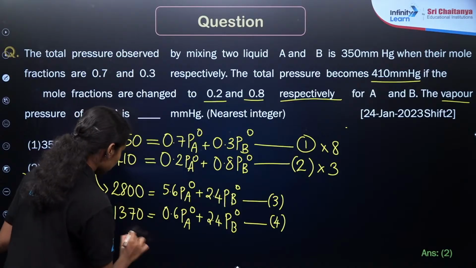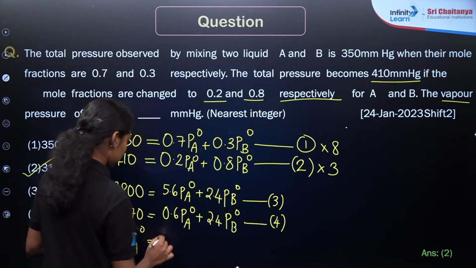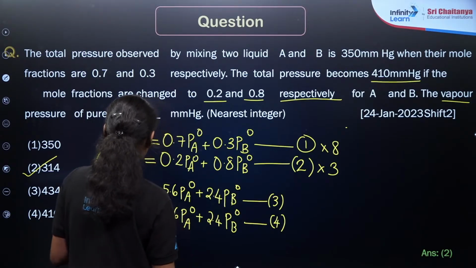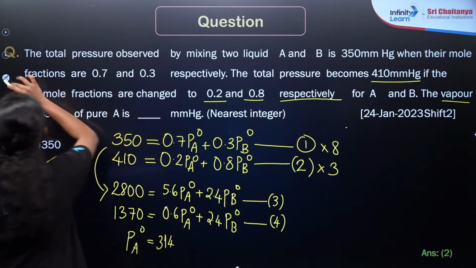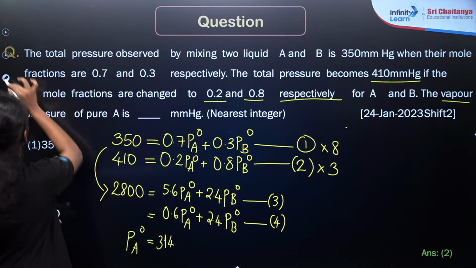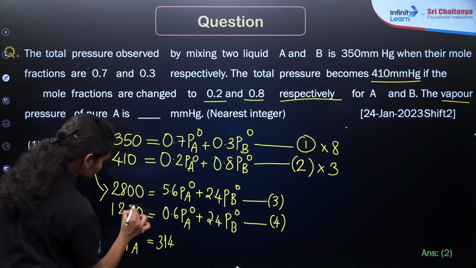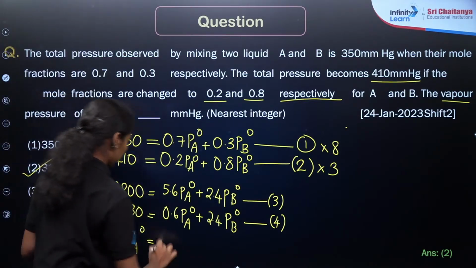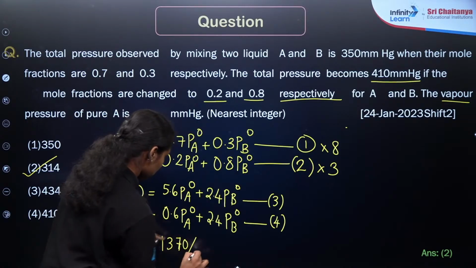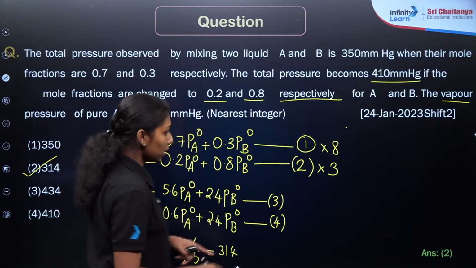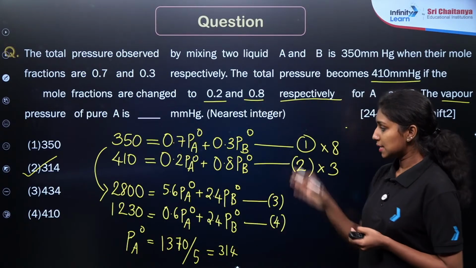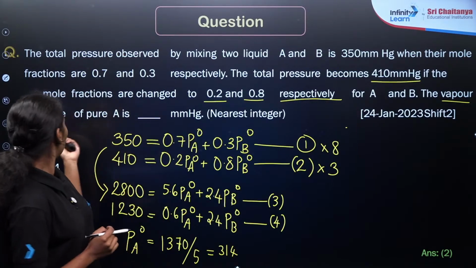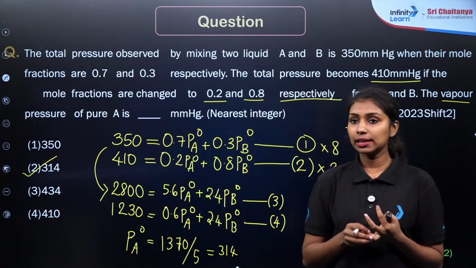Now take the difference. Clear? Just do the calculations and you will get the answer is around 314 mm of Hg, which is the pressure of the pure component A, PA0. Is that clear?